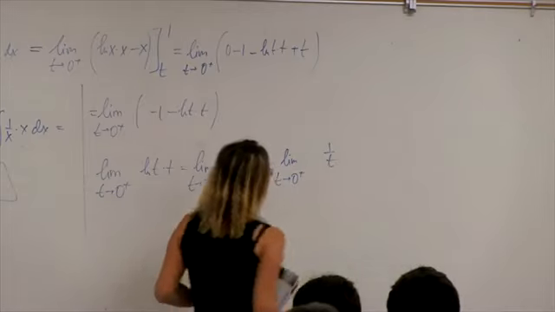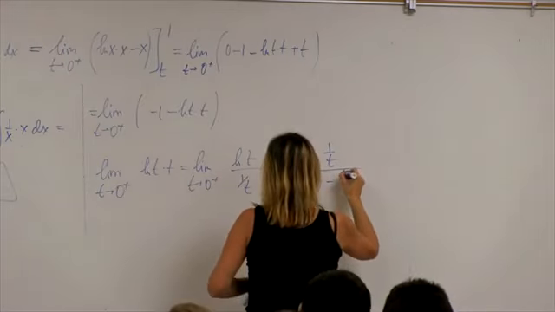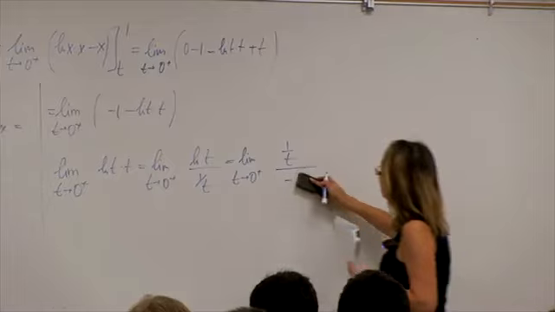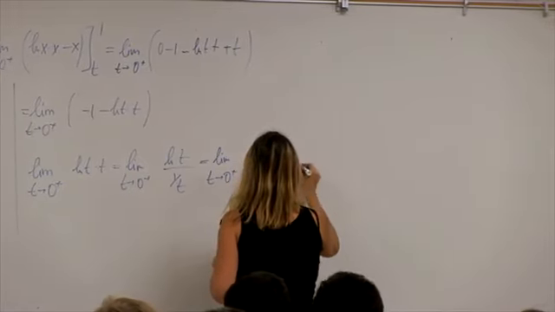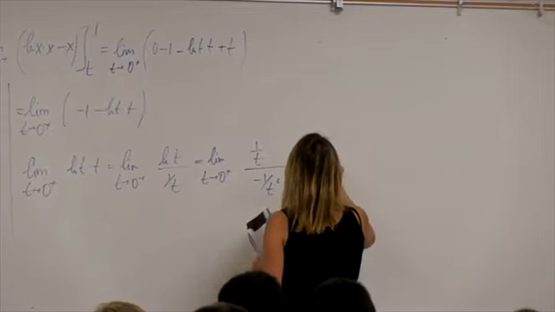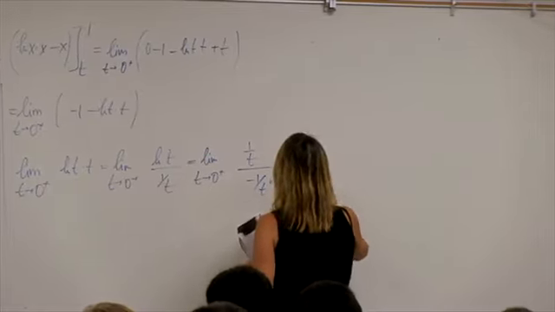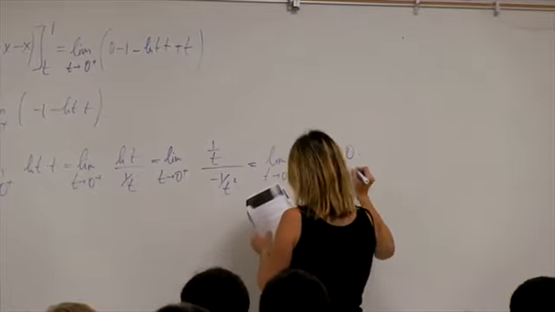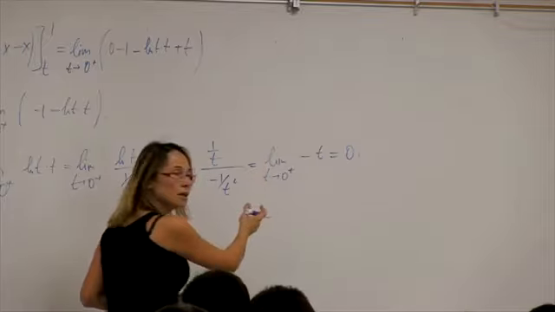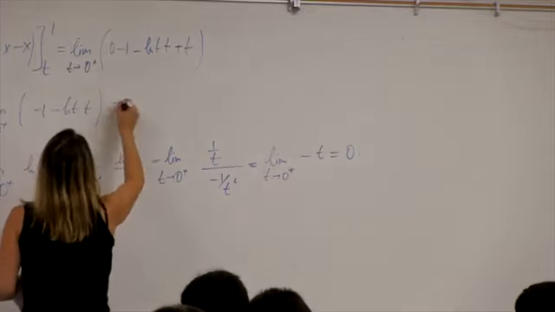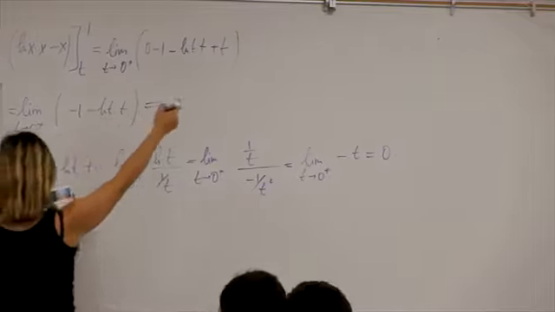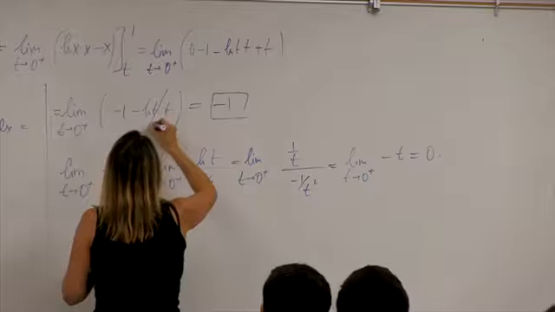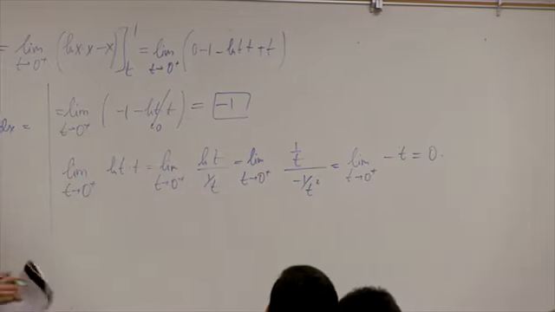The log, when I differentiate, is 1 over t, and this is minus 1 over t squared. Finally, I simplify. I have minus t, so that's 0. So when I evaluate the limit, my answer is minus 1, because this guy goes to 0 by using L'Hopital's rule.